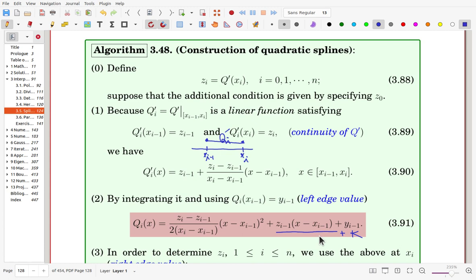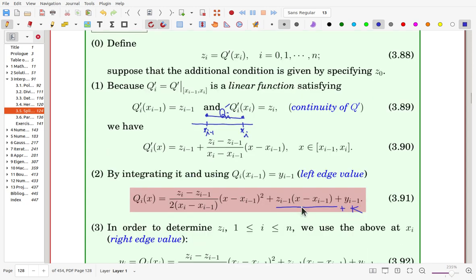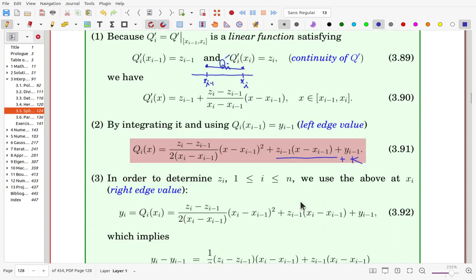Now, we have to determine zi. In the beginning, we assumed them momentarily, and we knew them. Now we have to decide. Here we used the continuity of q prime, and we also used the left edge value. Now, maybe we may try to use the information not yet used, that is the right edge value.